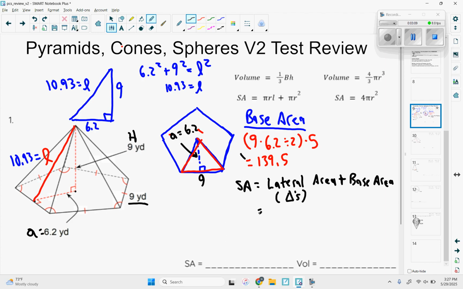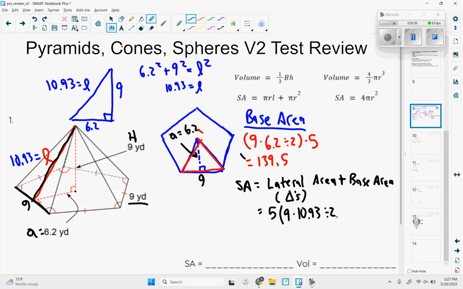So for this one, how do we find the area of the triangles? There are 5 triangles that go around your pyramid, and if we're looking here, the base of that triangle is the side length 9. The height is the slant height, 10.93.